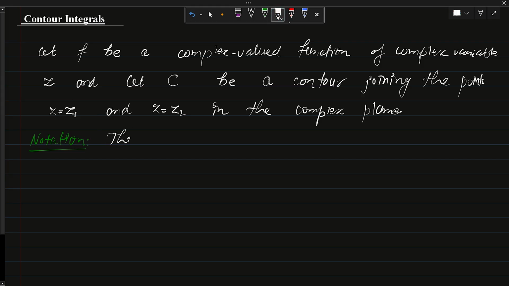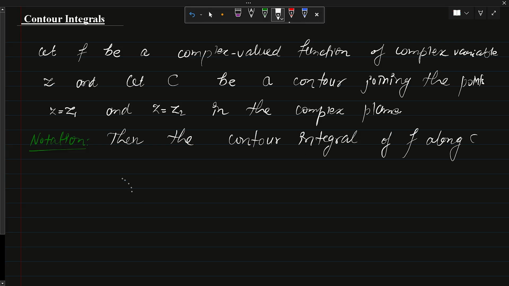Then the contour integral of f along c is denoted by this integral with c, and with the variable z.